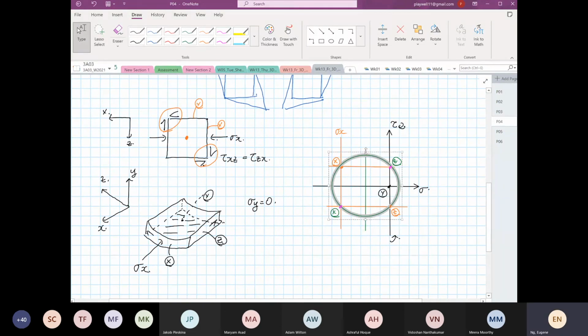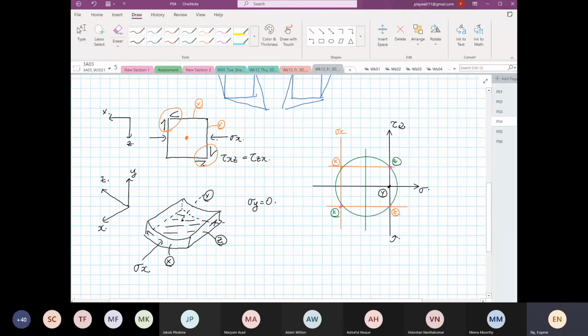So this is your Mohr's circle. I think I'm a bit too plump for the circle. So this is our first circle, so this is our XZ plane.